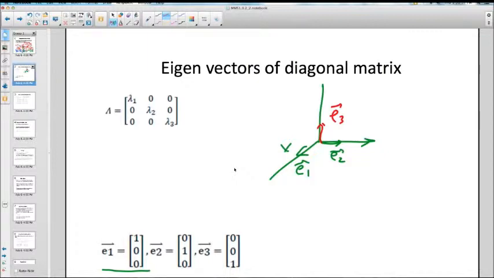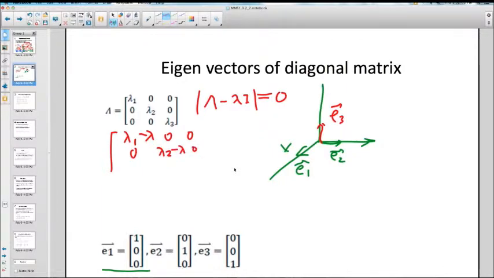Well, we can do the computation. It's a very easy calculation. By definition, the characteristic equation is the determinant of capital lambda minus little lambda times I equals 0. So that will be lambda 1 minus lambda, lambda 2 minus lambda, lambda 3 minus lambda equals 0.